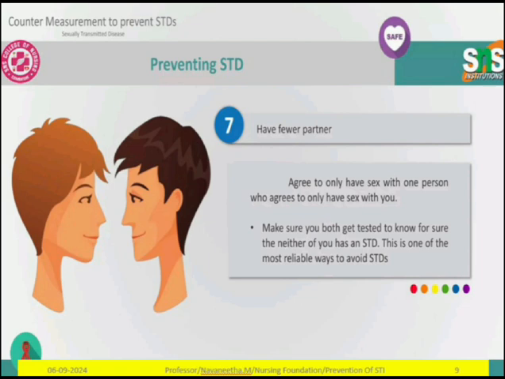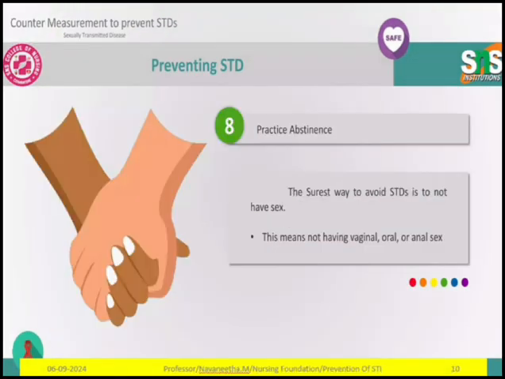Next is to have fewer partners. Don't go for many partners. Always stay with one person who agrees to only have sex with you. In marriage, it is legal, so you have to carry on with that one. The next is to practice abstinence. The surest way to avoid STDs is to not have sex. This means not having vaginal, oral, or anal sex.